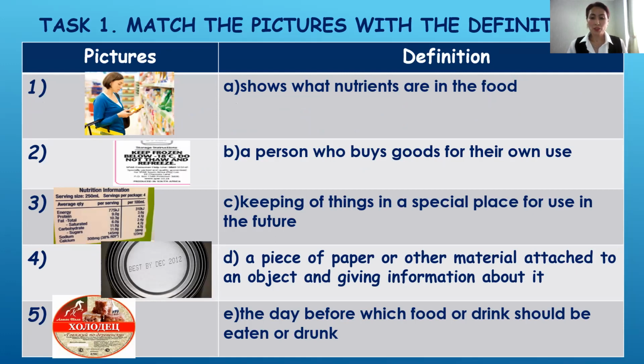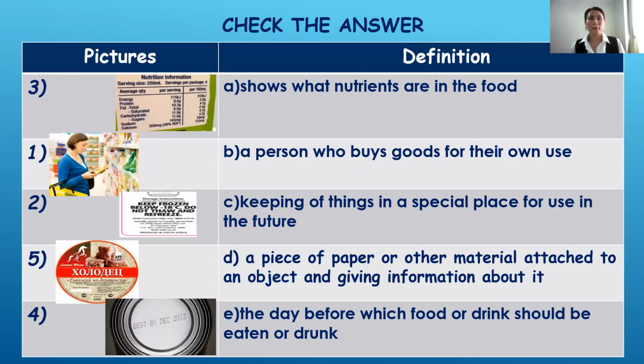Okay, let's check your answers. The third picture, nutrition information, it shows what nutrients are in the food, right? The first picture is a person who buys goods for their own use. Well done. The second picture means keeping of things in a special place for use in the future. Good job.